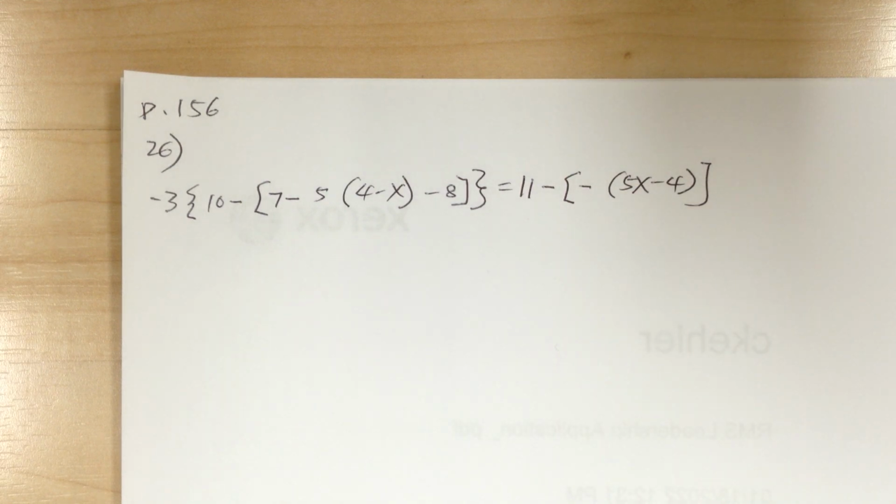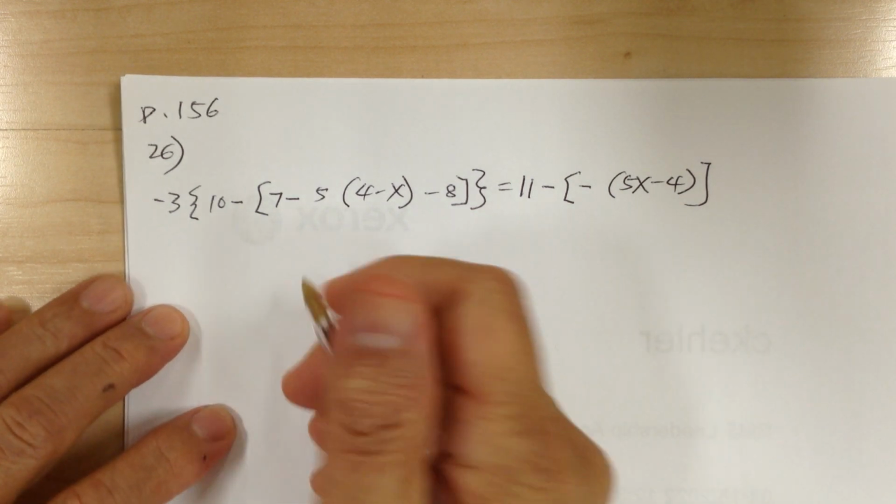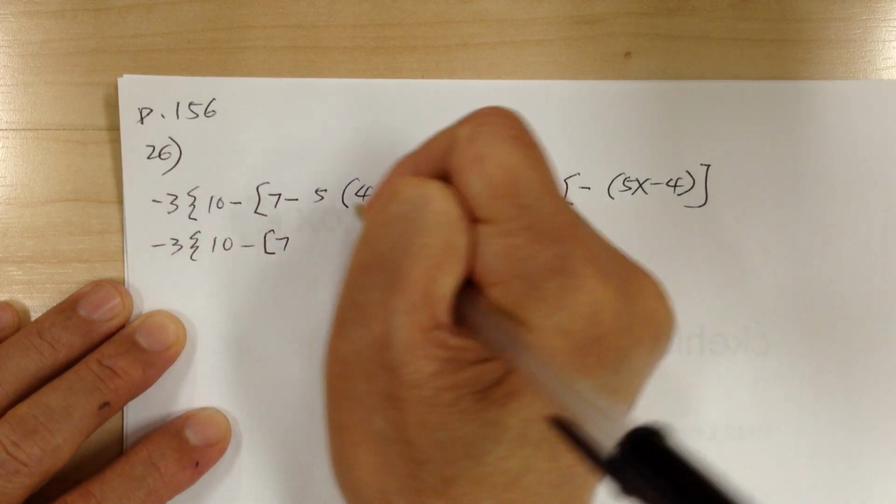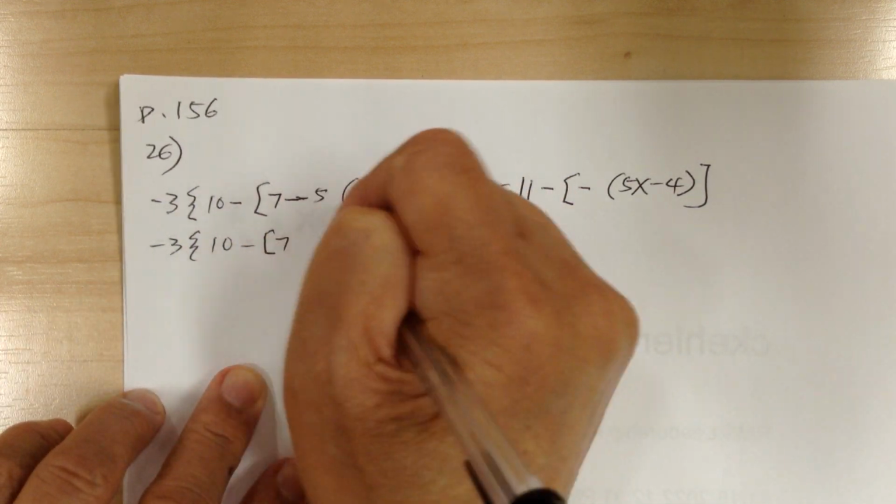Again, make sure you just follow the steps. First step, go ahead and get rid of the parentheses. So copy everything the same, except for the parentheses part.